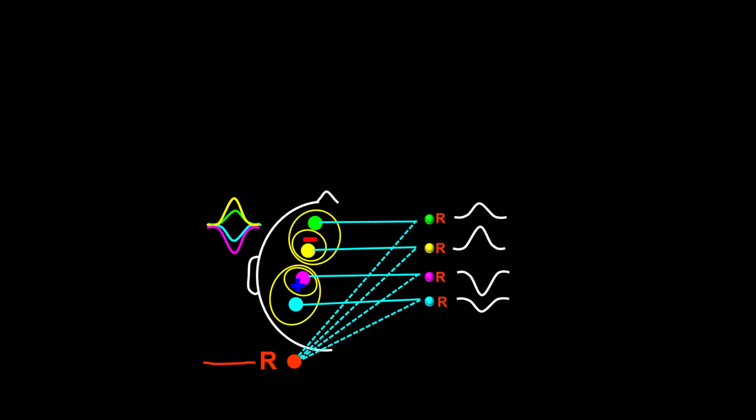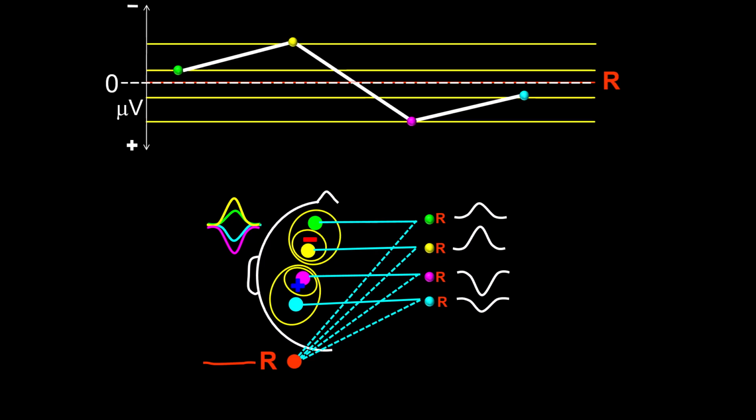Please notice the phase reversal between the yellow and the magenta electrodes. The reference electrode is at a neutral voltage, neither negative nor positive, or at least it is at a voltage that is less positive than the voltage of the blue electrode and less negative than the voltage of the green electrode. On top of this frame, I am introducing the corresponding voltage graph.